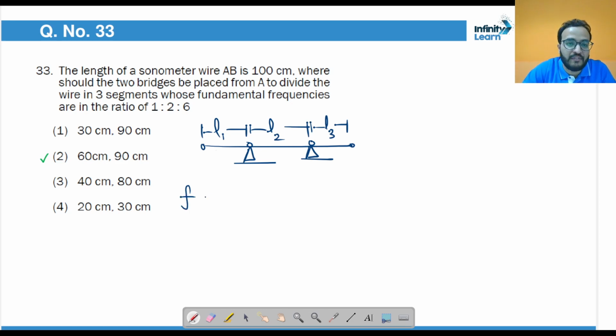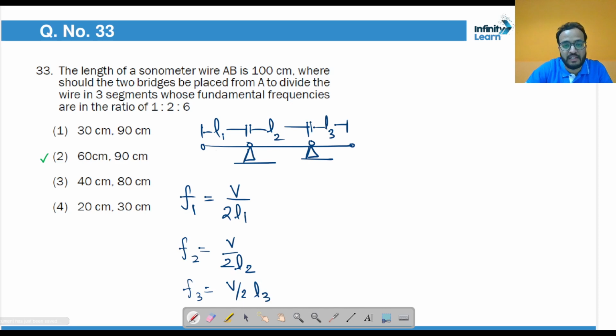So the length of the sonometer wire is 100 centimeter. Where should the two bridges be placed from A to divide the wire into three segments whose fundamental frequencies are in the ratio 1:2:3? Fundamental frequency for the first case will be v by 2 L1, then v by 2 L2, and v by 2 L3.